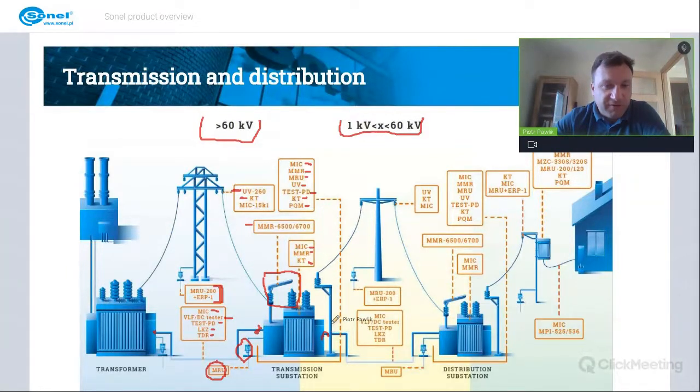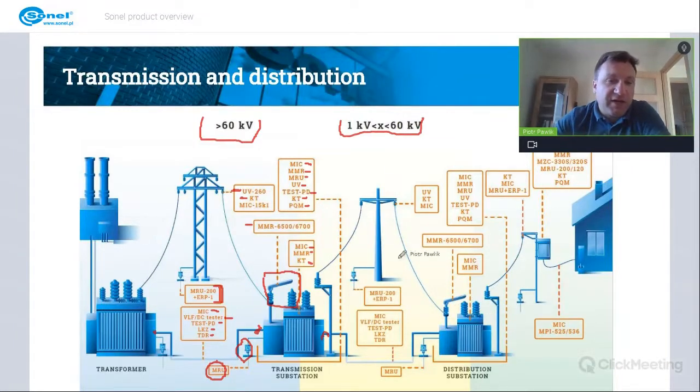Now let's go into a medium voltage, so between 1 kV and 60 kV. And here basically we can have similar elements of the system. So there could be an overhead transmission line, there could be cables under the ground, and this will lead us to the distribution station.